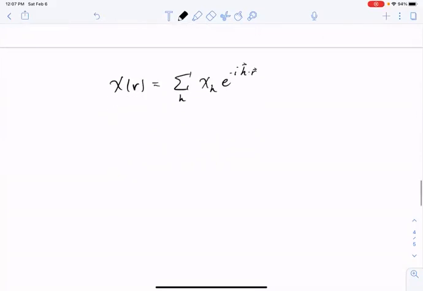Now, if we're interested only in correlations over slightly large length scales, that's the same as considering chi only for small wave vectors.